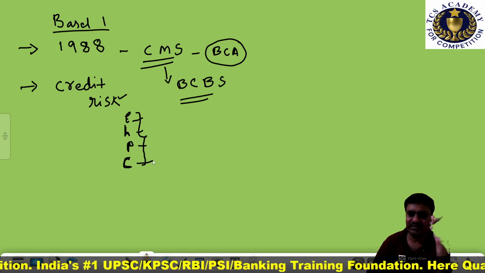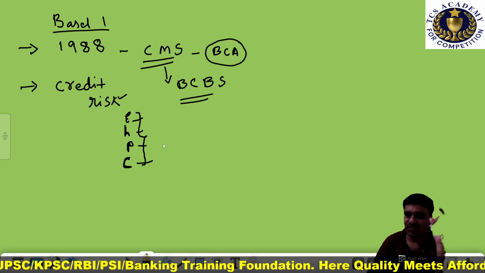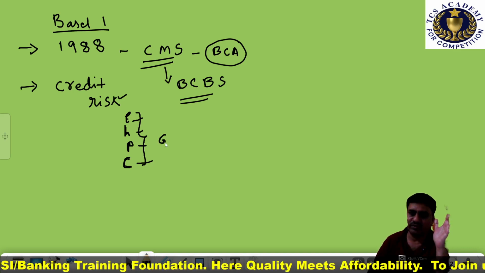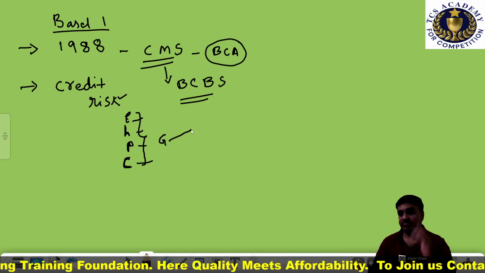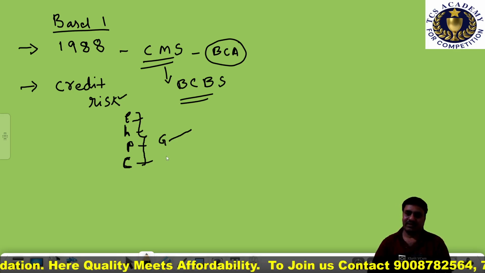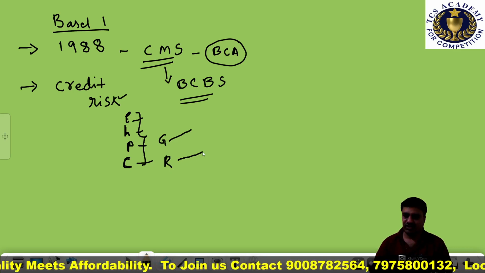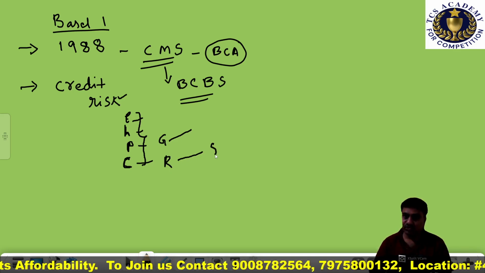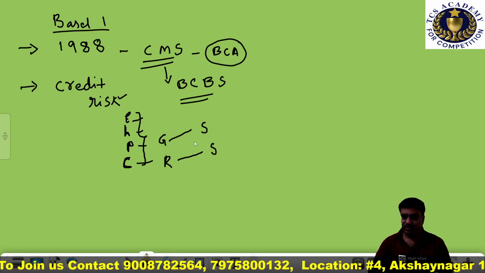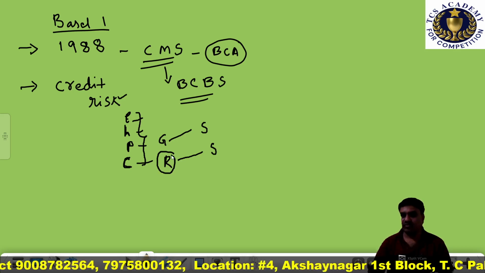So there is a risk. If the banker extends the loan against collateral, say for example a gold loan, it is a collateral loan, a secured loan. Likewise, a loan against real estate, a housing loan, is also called a secured loan. That means real estate documents are collected and the loan is extended.